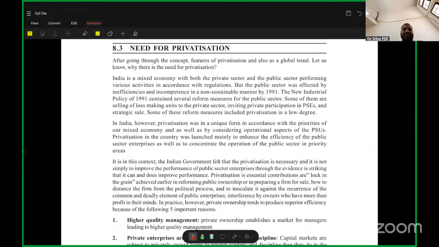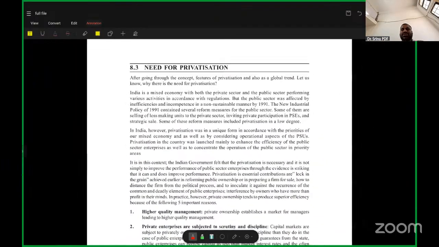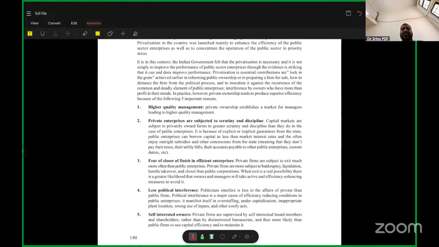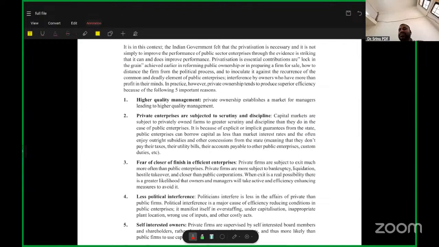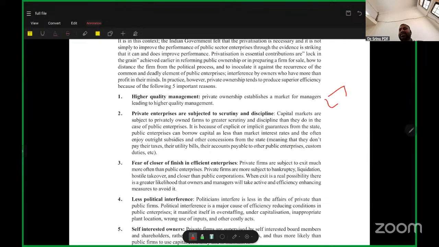Need for the private sector. So what is the need of the private sector? Higher quality management. First of all, if any organization wants to earn good profit, the management should be good. If the management is not good, they cannot earn profit. So for the purpose of quality management, they transfer the ownership and business to private persons.